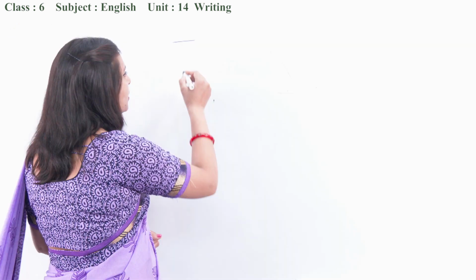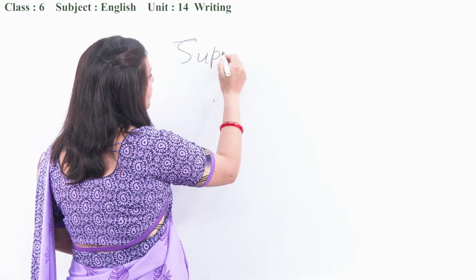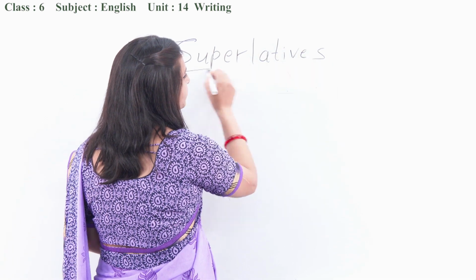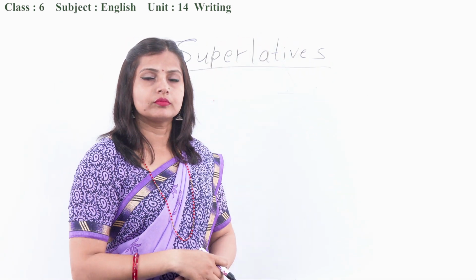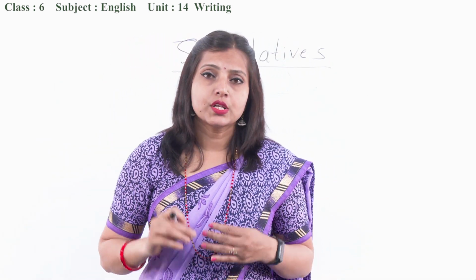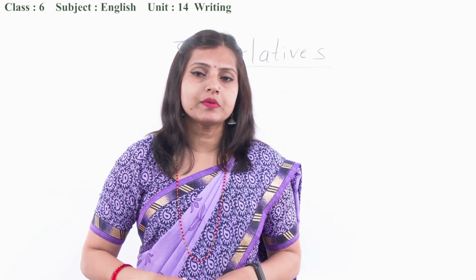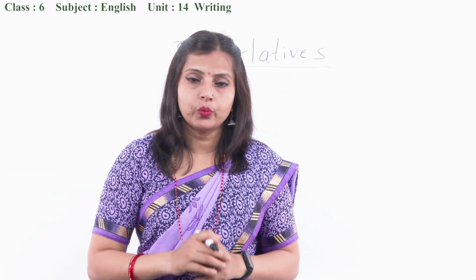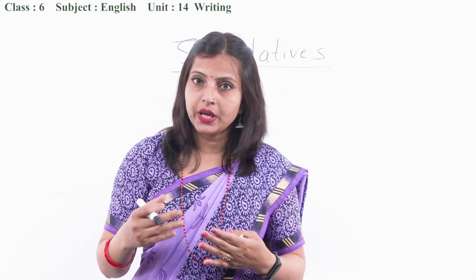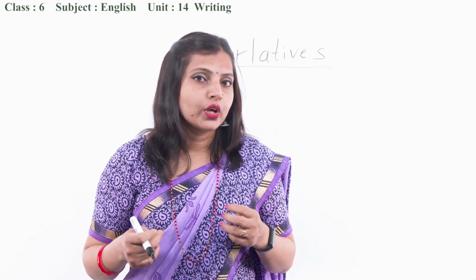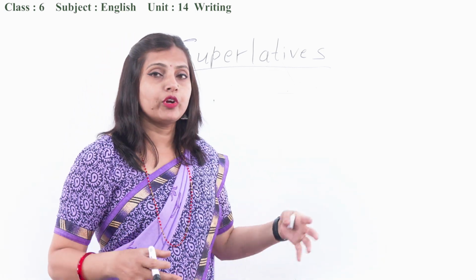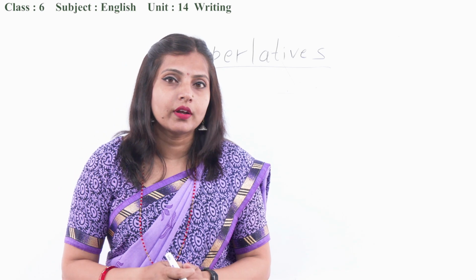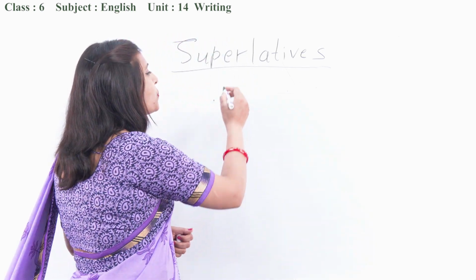They are called superlatives. Superlatives are also comparatives, but that is the comparison among all. When you have to make comparison between only two, you use comparatives, but when you have to select among all the given, all the mentioned ones, then what do we use? Superlatives.